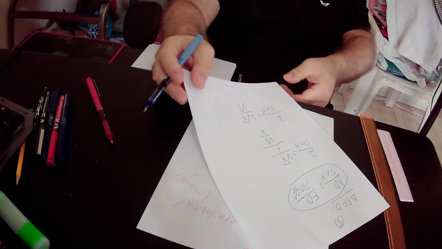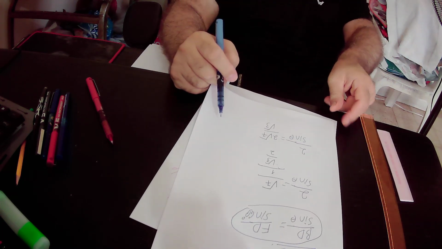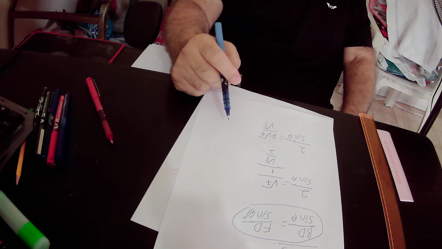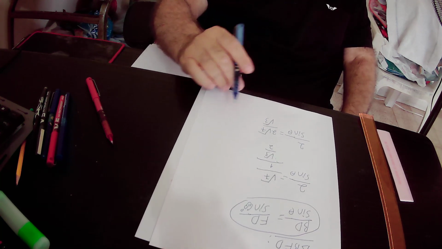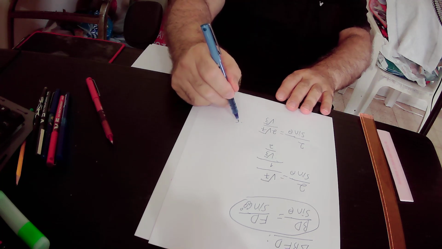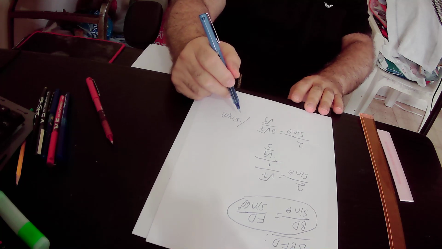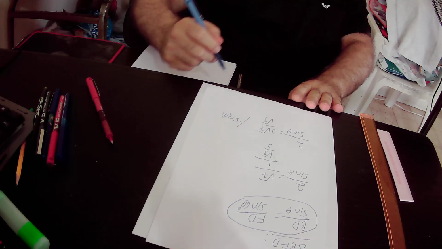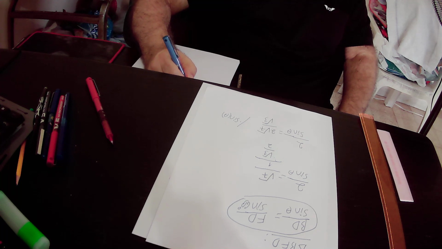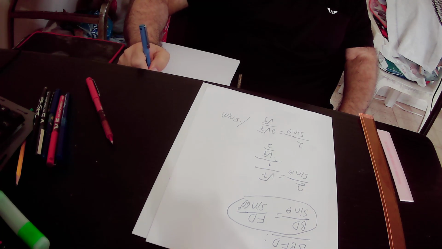Okay? So in the next step, we'll multiply this equality by sine theta. And we will get that 2 equals 2 times root 7 over root 3 times sine theta.